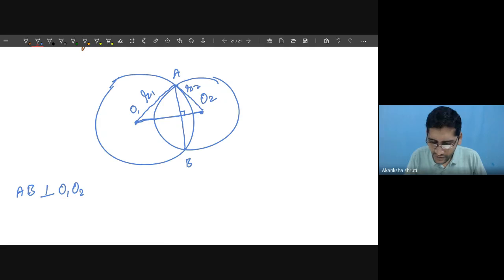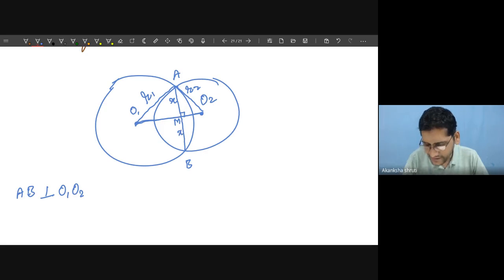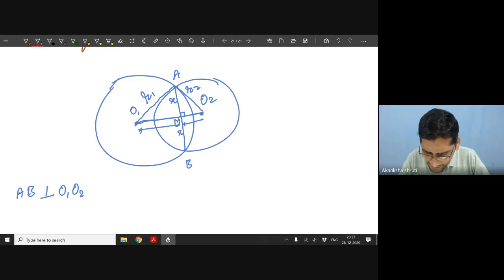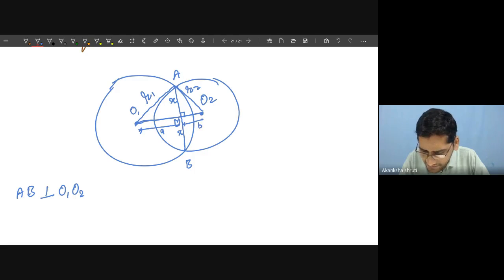Here you can take half of this chord length as x, where they intersect as M. It may be, we may consider O1M as A and O2M as B, or the entire length may be given.